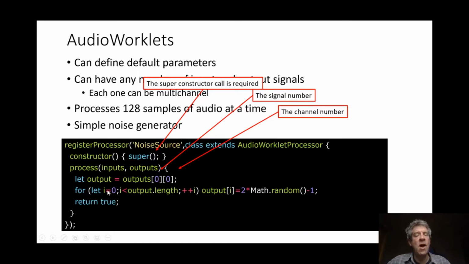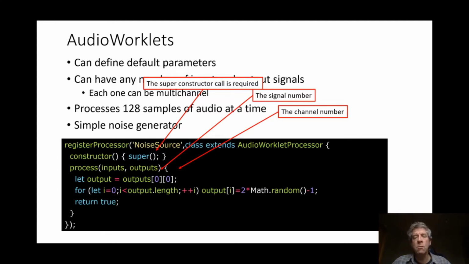So our output is just going to be that signal number and that channel number. And then for every sample in that output length, which should be of length 128 samples, we define that the output is 2 times the built-in JavaScript routine math.random, -1. Now math.random generates a number between 0 and 1.